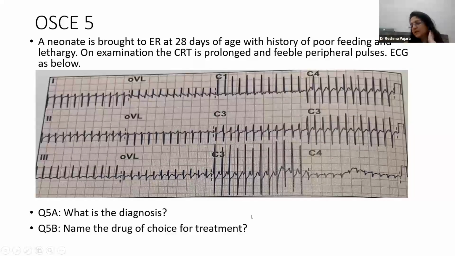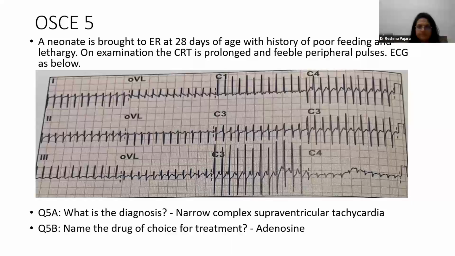So it is basically a narrow complex supraventricular tachycardia, because you can't see the P waves and your heart rate is very fast, around 300. And the drug of choice is adenosine. So can anyone tell me the dose of adenosine?